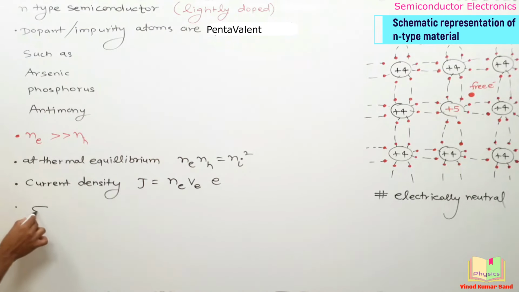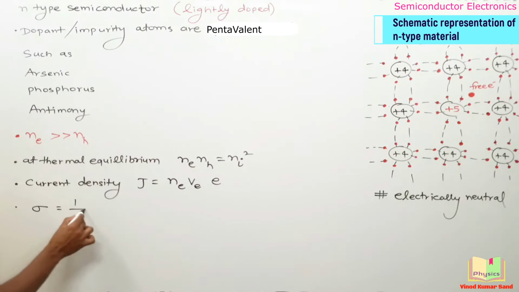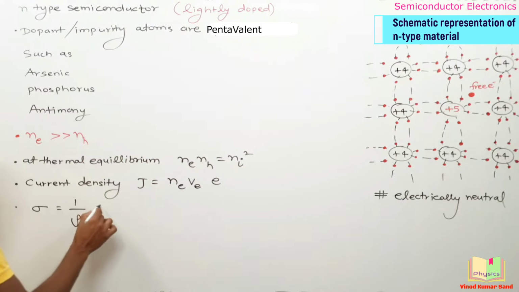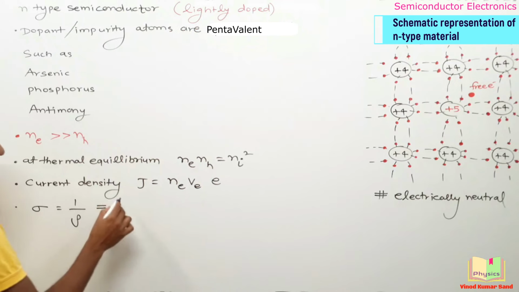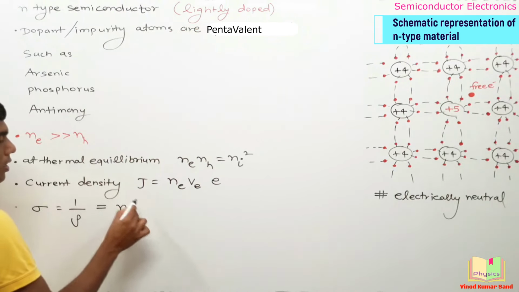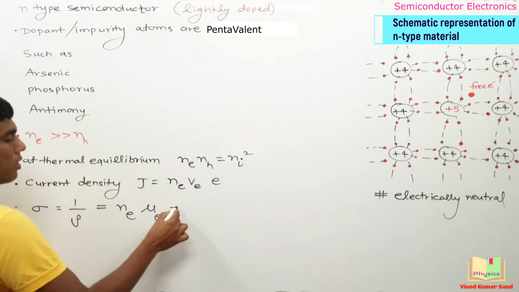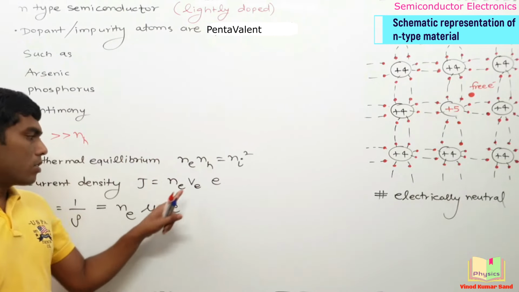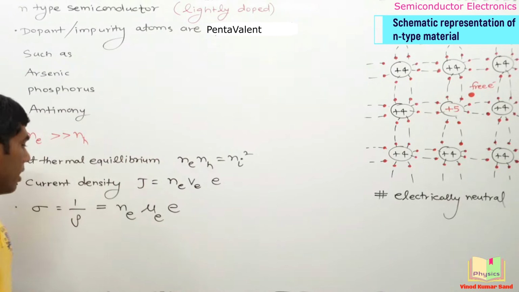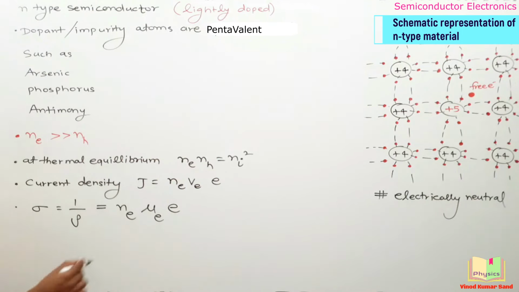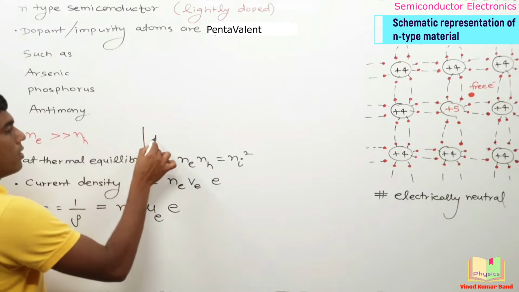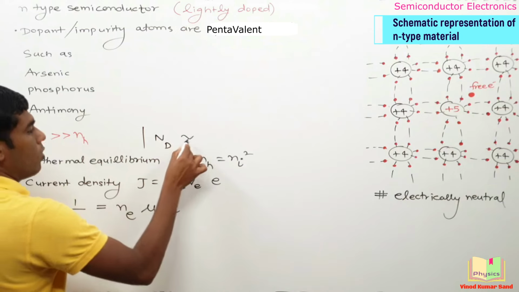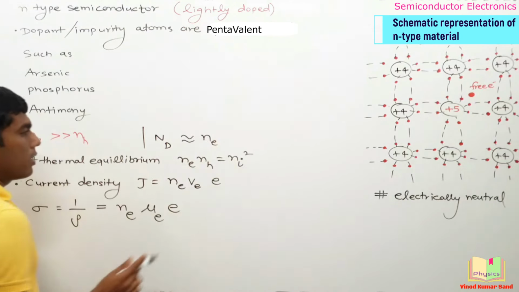The electrical conductivity and electrical resistivity are inversely proportional to each other, and the conductivity is equal to Ne mu_E into the electronic charge, where mu is the mobility of electrons and V is the velocity of the electrons. One more thing we can write, the Nd is almost equal to Ne.